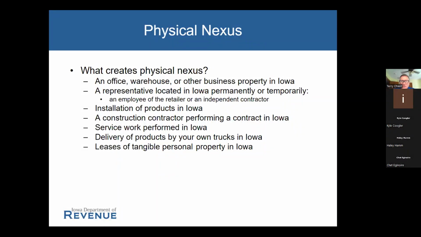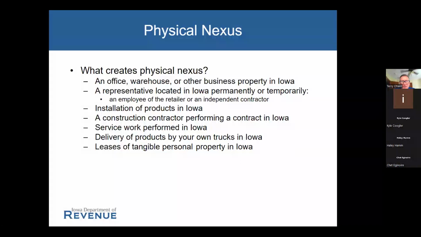Again, if you're doing service work in Iowa, that establishes physical Nexus, as does delivery of products into Iowa with your own trucks. If you're delivering here with your own trucks, physical Nexus. If you lease tangible personal property in Iowa, that could establish physical Nexus as well. So again, those are pretty straightforward.